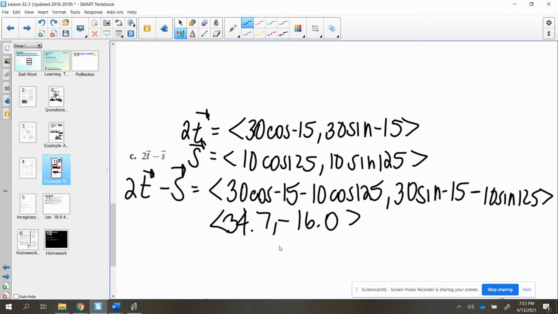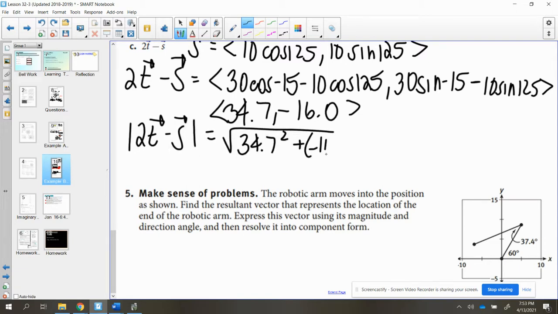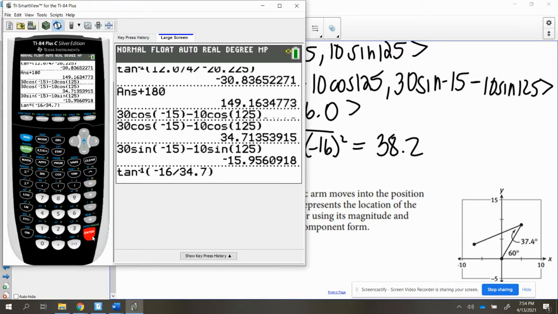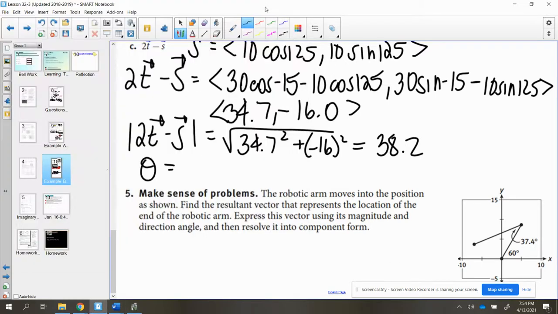And then again, to figure out your magnitude and your direction, now that you have the component form of this, you have the ability to find your magnitude. With negative 16, you should get 38.2. And then your direction on this one, again, be careful. As you look at the inverse on this one, negative 16 divided by 34.7, you have negative 24.8, and you want to double check, does that theta value make sense?